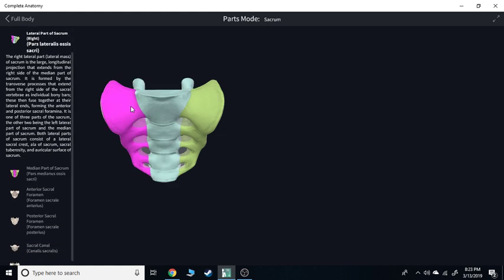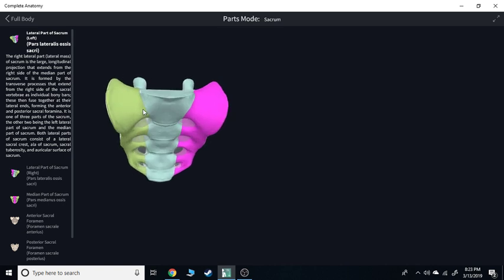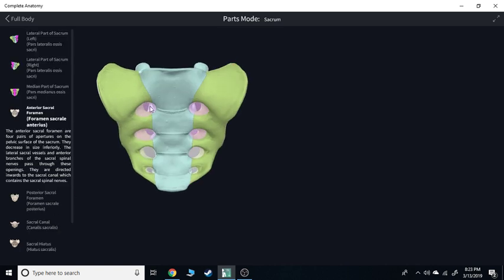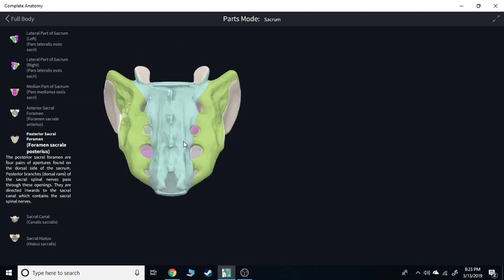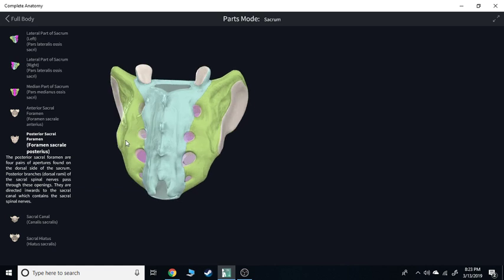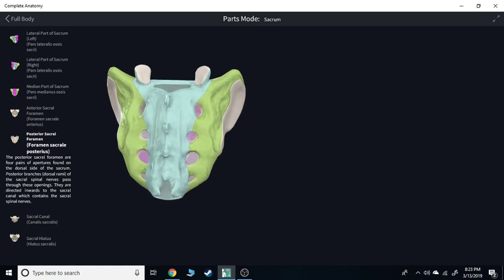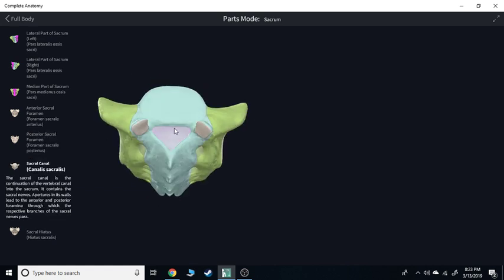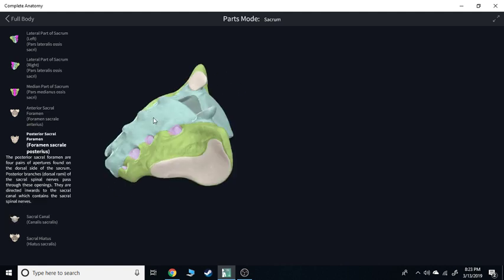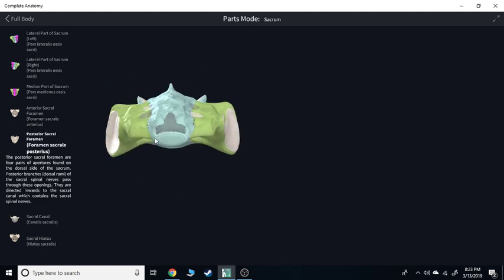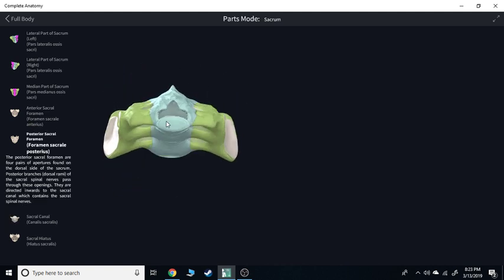We have the lateral part of the sacrum. There's a right and a left. You have the anterior sacral foramen and the posterior sacral foramen. The sacral canal, which again is just with a vertebral column, is an extension of the vertebral foramen.